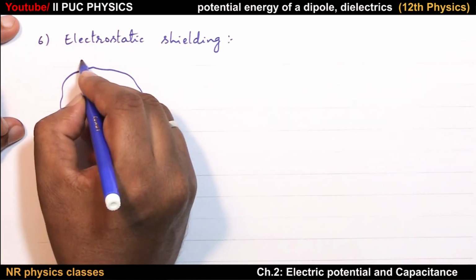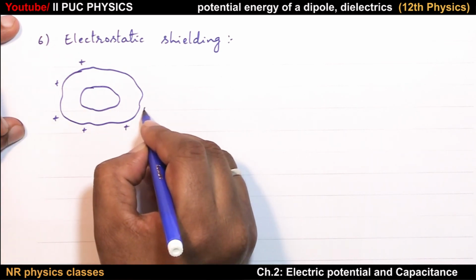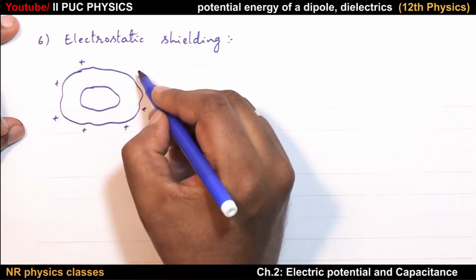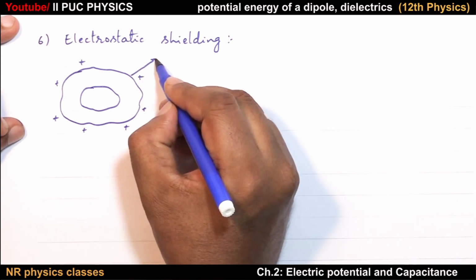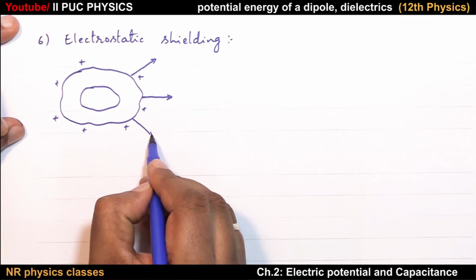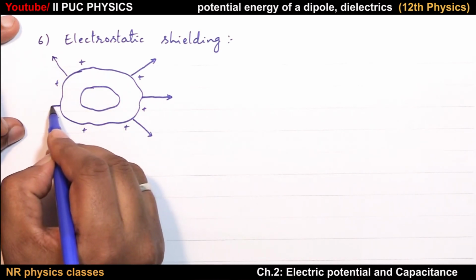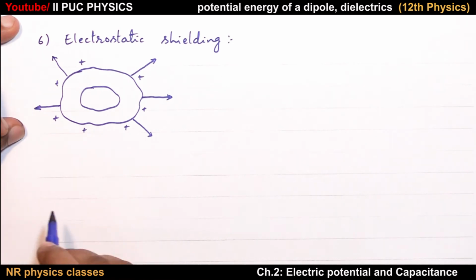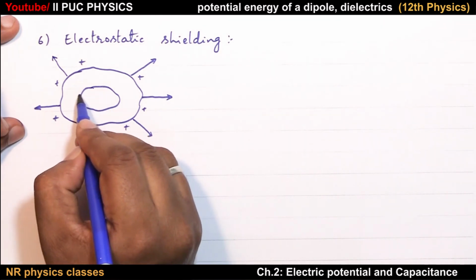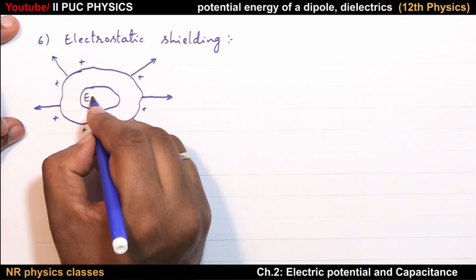If the conductor is charged, then the electric field should be perpendicular to the surface. That also we have proved. Means there is no electric field inside this cavity. Electric field equal to 0.